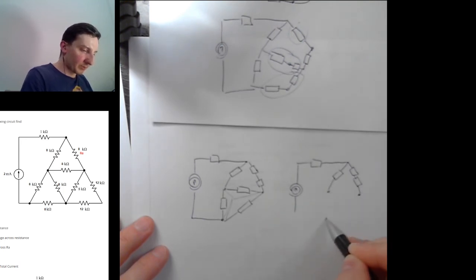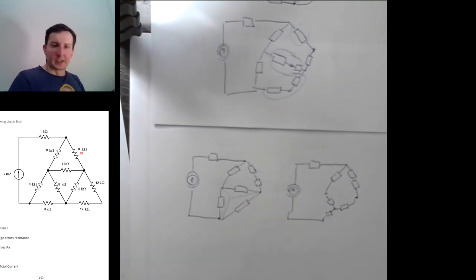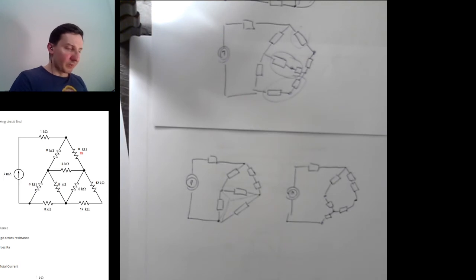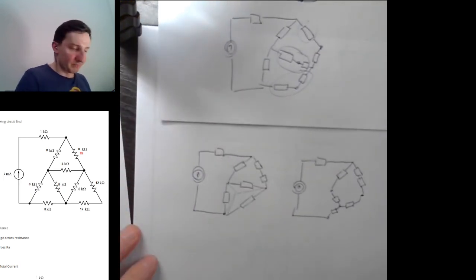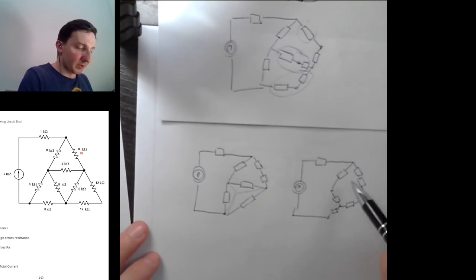Between these three nodes we'll have a resistor right here, a resistor right here, and a resistor right here. So we're fairly close to the solution. What we can see here is we have these two in series.